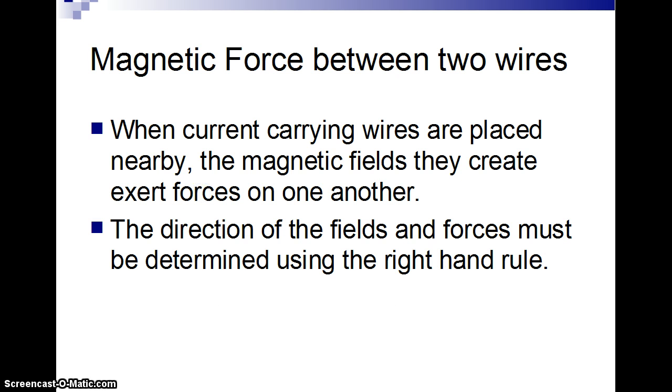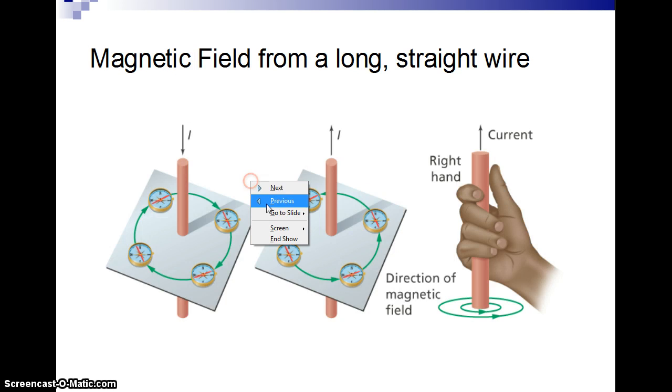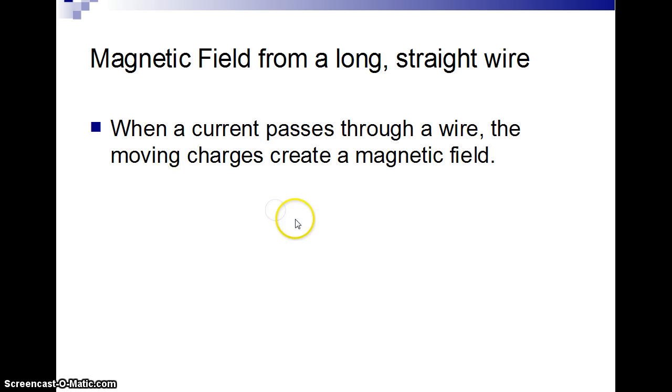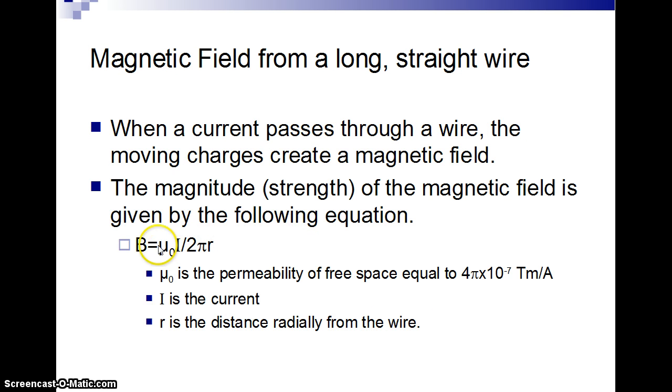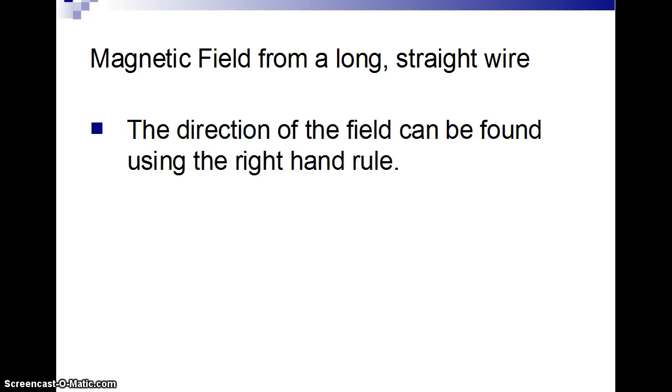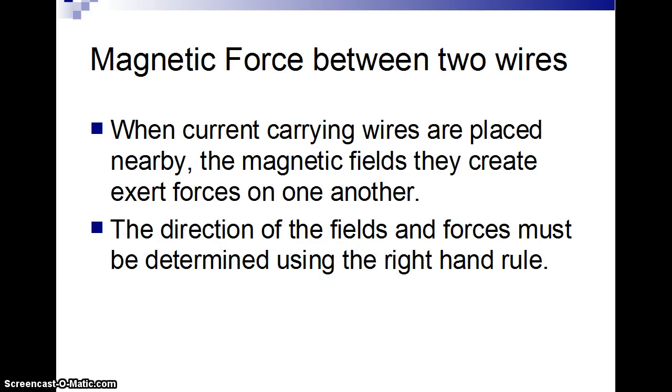All right, using that result, let me go back real quick. Each wire creates a magnetic field mu 0 I over 2 pi r, and the direction of it is given by the right-hand rule. So if we have two wires, we know that one wire creates a magnetic field, and then that magnetic field exerts a force on the current.